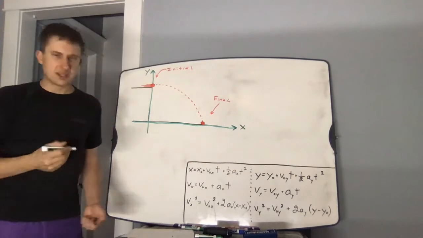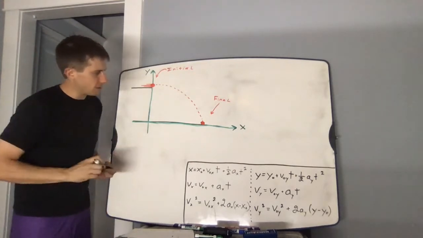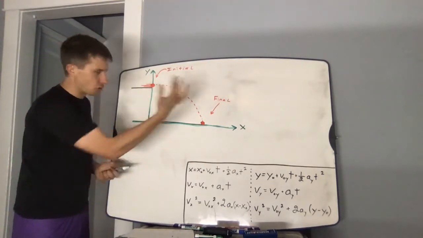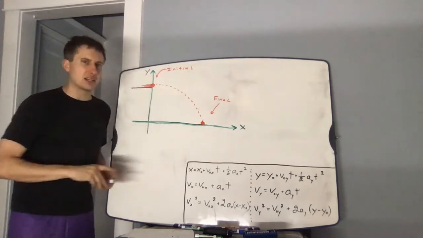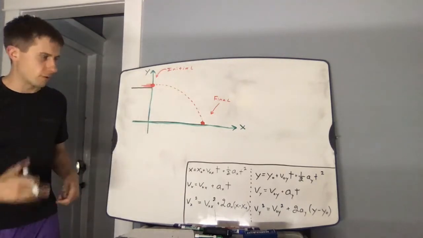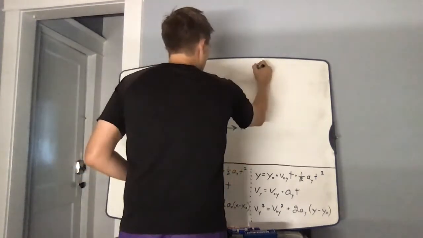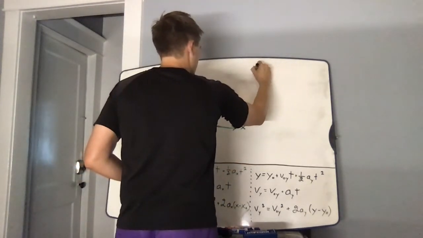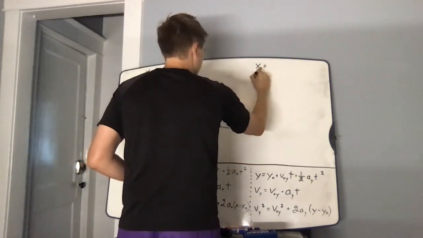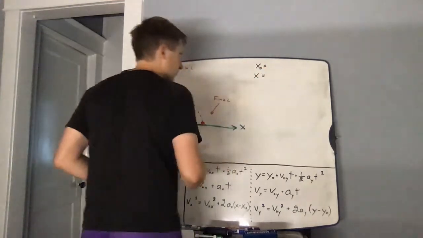So what I'm going to do is write down all 11 of the possible terms that we might need to find or solve for in this problem. So I have my initial position, x initial. I have my final position, x final.